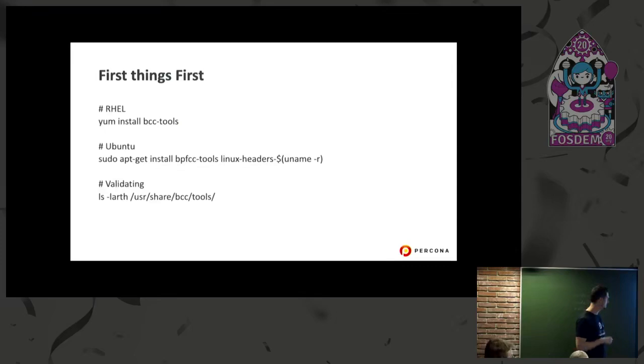I pasted the two most common ones: on Red Hat or CentOS, just a yum install, or on Ubuntu or Debian, apt-get install bcc-tools, and it's going to install it for you. To validate, just check if this directory has the tools, and you are going to see, if you are curious, hundreds of scripts.